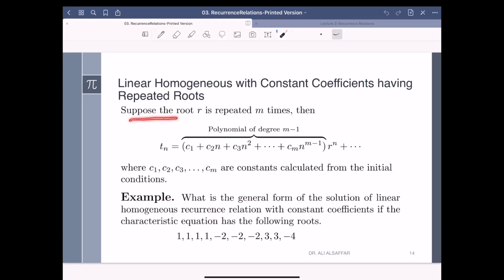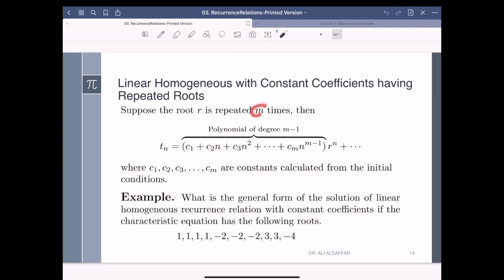Suppose the root r, so we are concentrating on one root, is repeated m times. Then you multiply r raised to power n by a polynomial. This polynomial will be in terms of n, and each term will be multiplied by a constant.